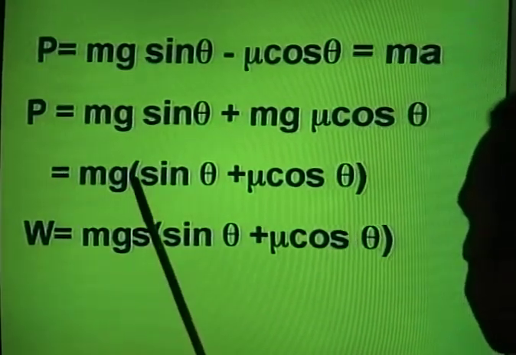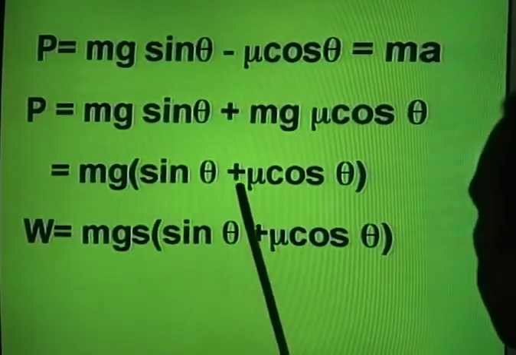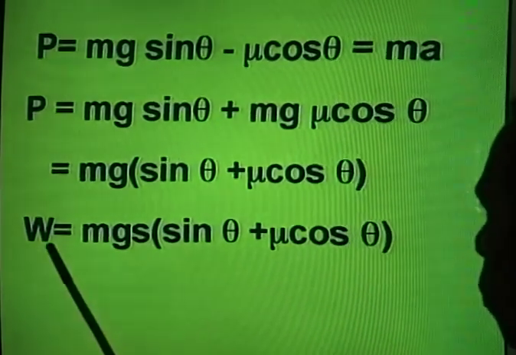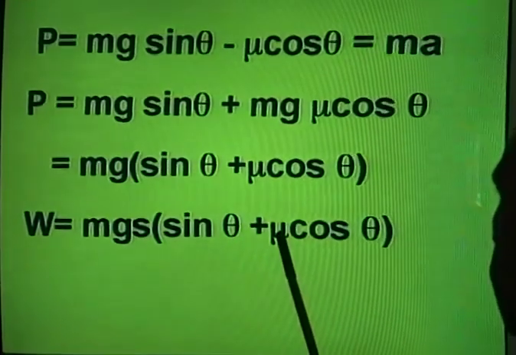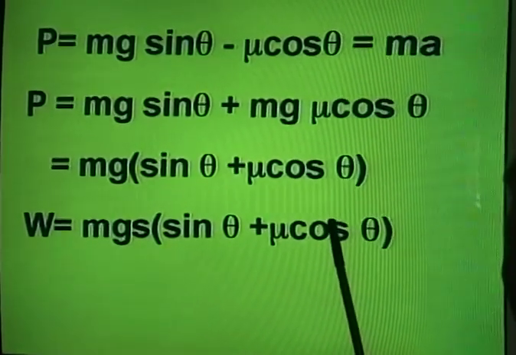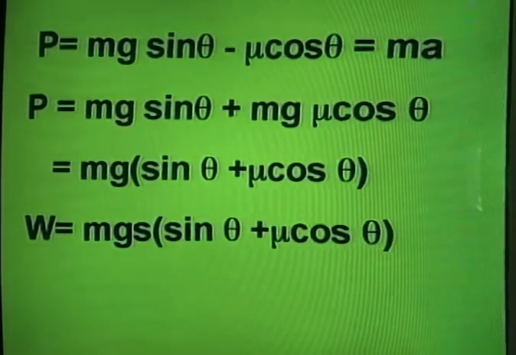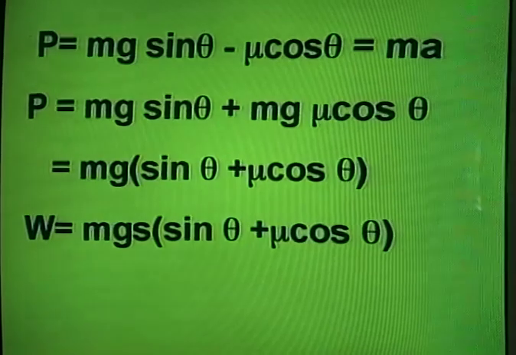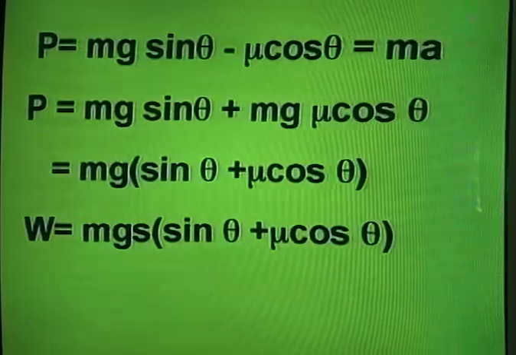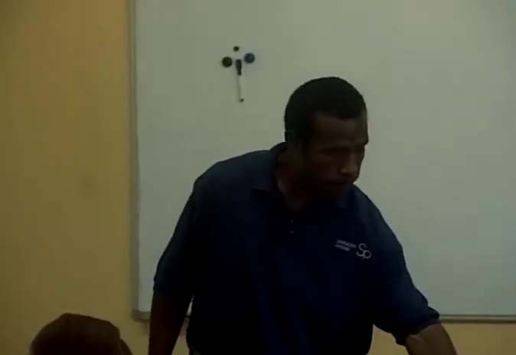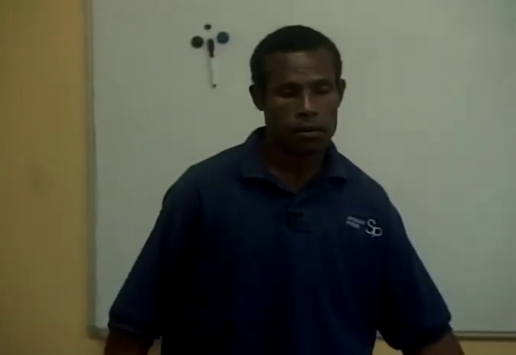When you factorize, the work done equals mg times sine theta plus the coefficient of static friction times cosine of that angle. That is how you can find the work done, especially when dealing with a smooth inclined plane. So just copy that example and also the diagram. After this, I will give you one activity question to solve.